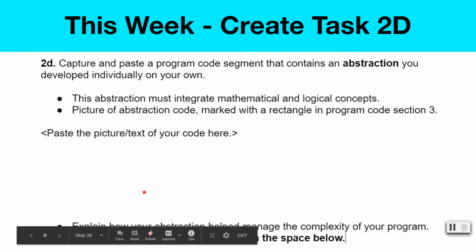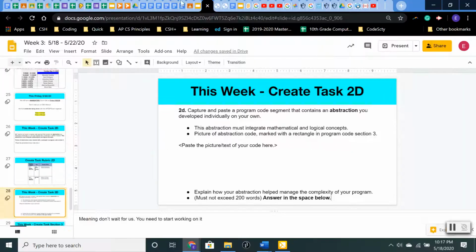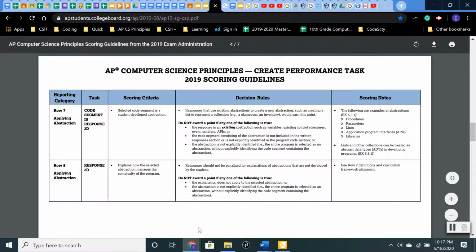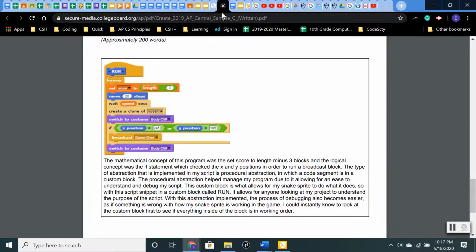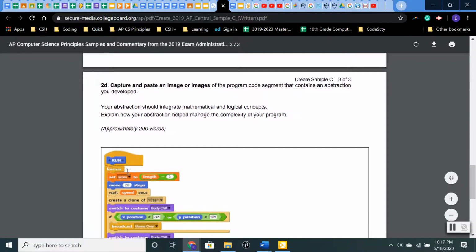Whatever code you copy and paste in there, all you need to do is explain what that code is doing and discuss the abstraction of the code. Make sure that it integrates mathematical and logical concepts. What am I talking about when I say that? So, take a look at this example right here. So here, this is 2D, right?